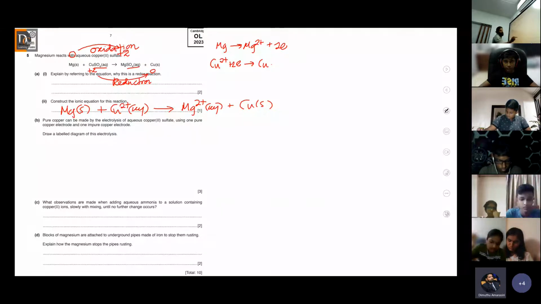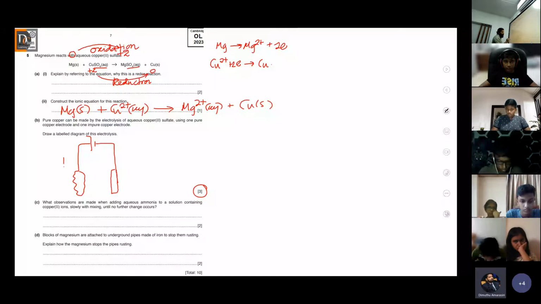Now, the most important thing is that your anode and cathode polarity is shown and then correctly attached to the pure copper and the impure copper and the electrolyte. I'm giving my answer first, my explanation writing, and then I'll show you the mark scheme answer also. Empty page. This is plus, this is minus.